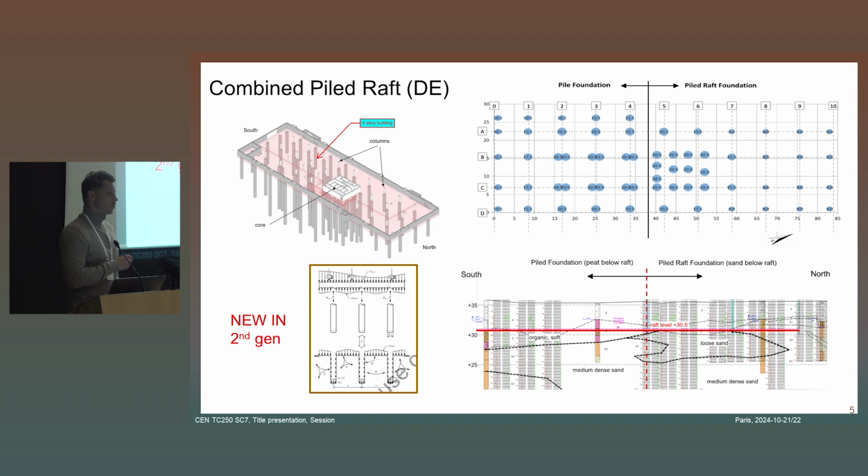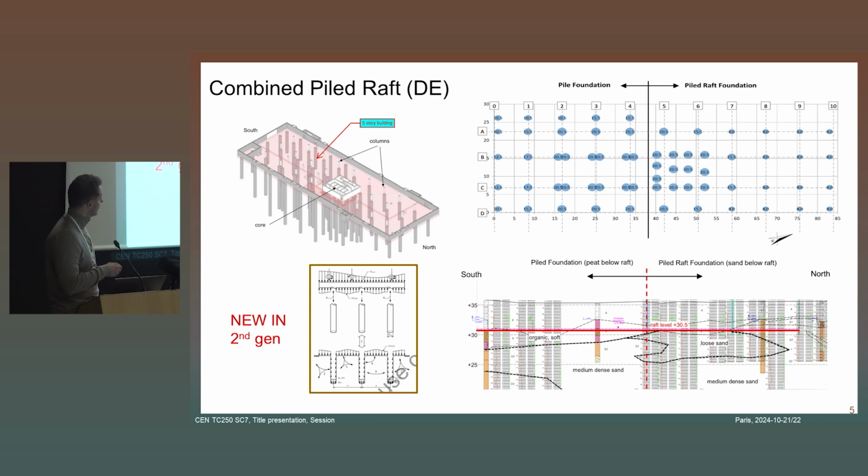I think this foundation plate was around 1 meter thick, with a core inside. In this case, he combined a pile foundation with a piled raft foundation. This would already be provided in the old code, and now we have guidance on piled raft foundations in the new code as well.